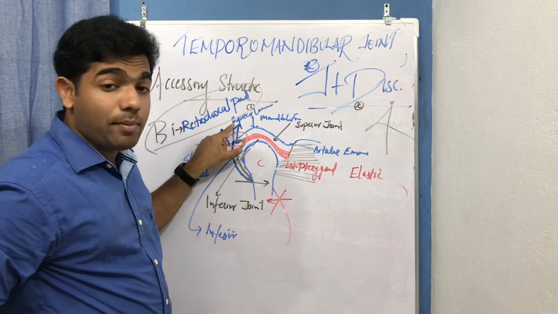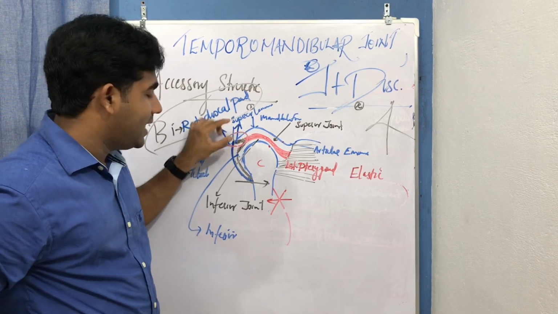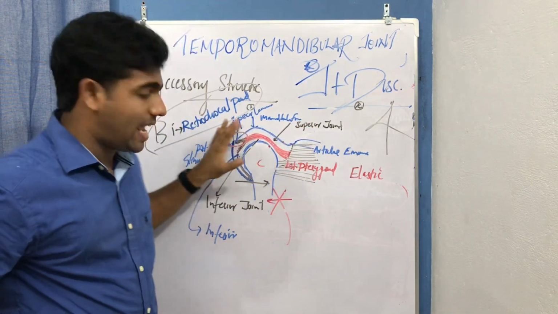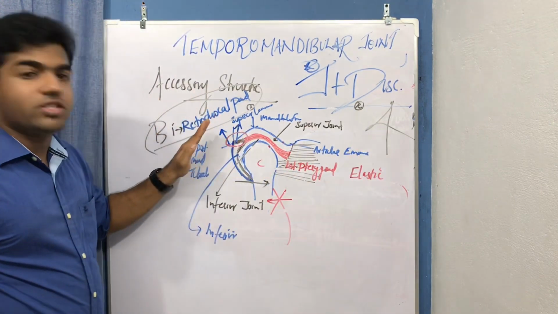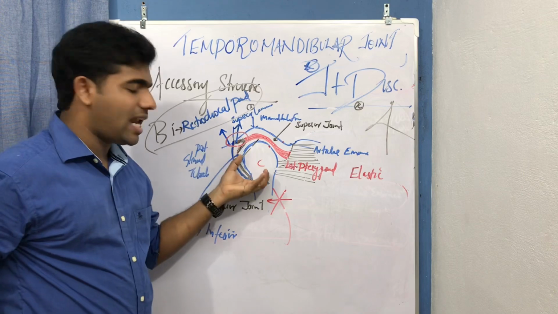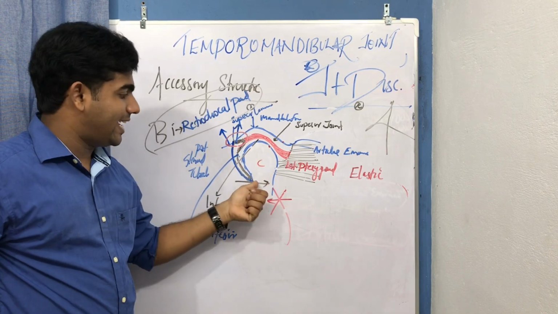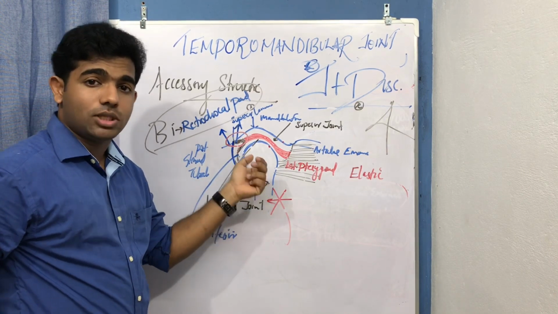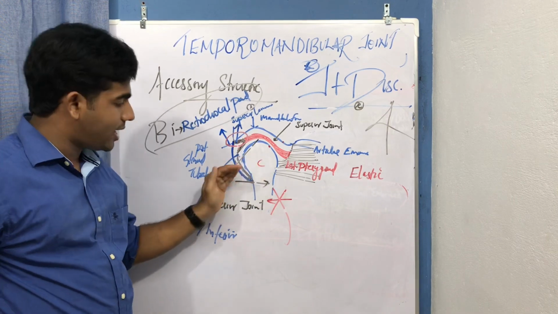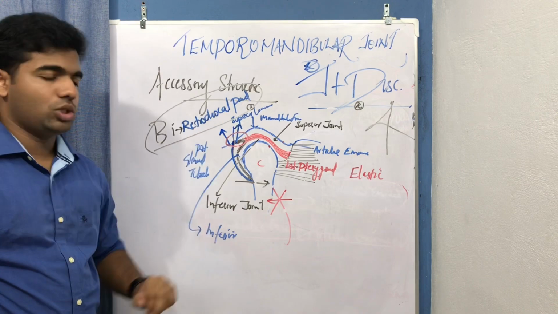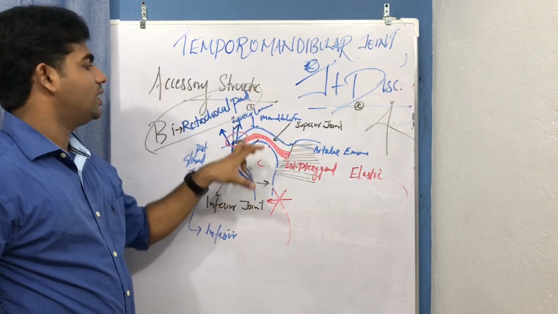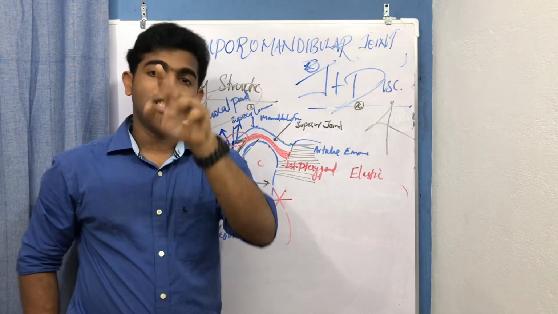The superior lamina is elastic in nature and helps in the forward movement, and it pulls back also. The inferior lamina is not elastic. It is attached to the neck of the condyle, but it also helps in preventing the anterior translation. These are the peculiarities of the temporomandibular joint disc.